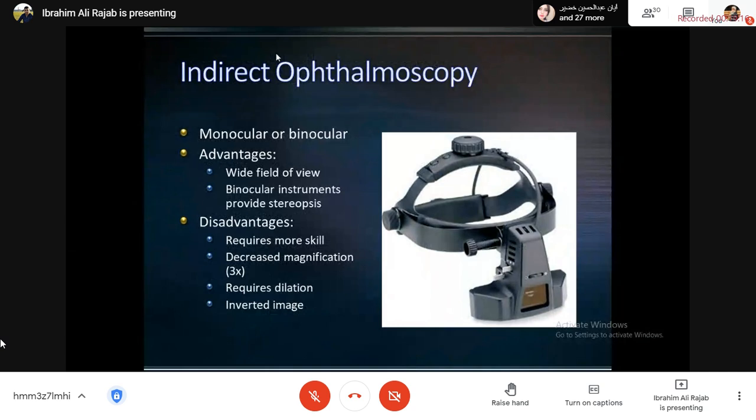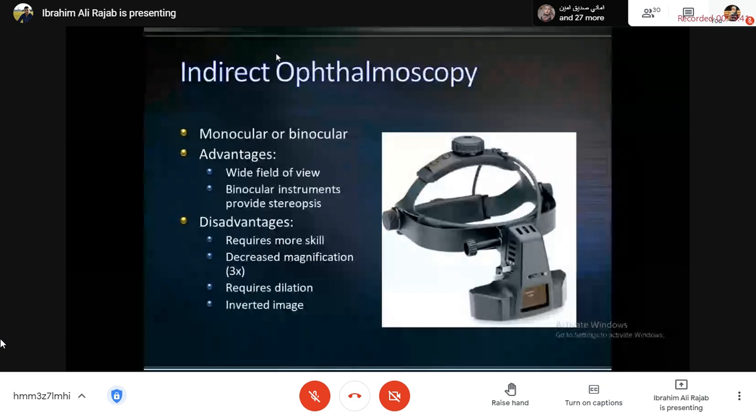This is all about the direct ophthalmoscope. So the first instrument is the direct ophthalmoscope. The second instrument is the indirect ophthalmoscope. This is the shape of the device called the indirect ophthalmoscope. By indirect ophthalmoscope, we examine the retina indirectly by using a condensing lens.